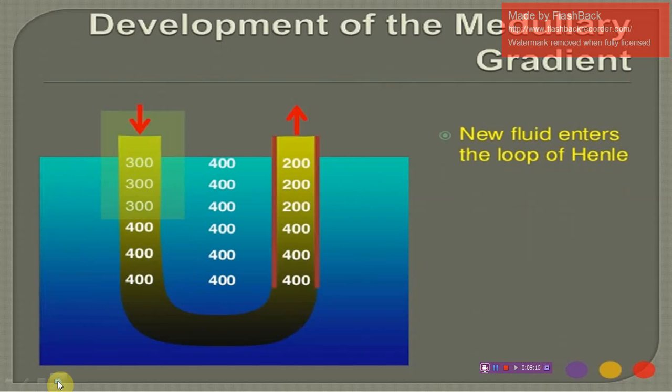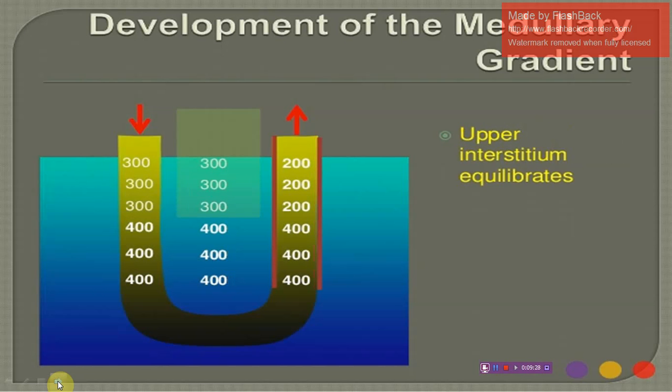It is continuously 300 milliosmol per liter that is entering, and now what happens? The upper interstitium equilibrates with it.